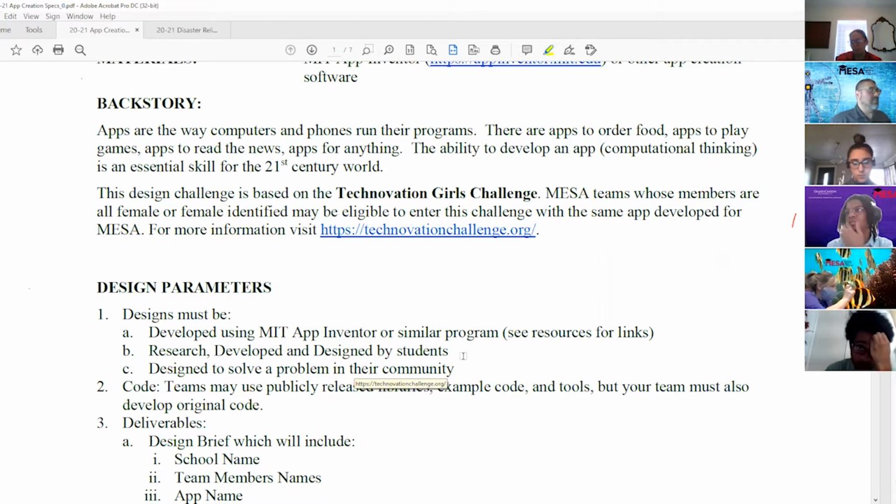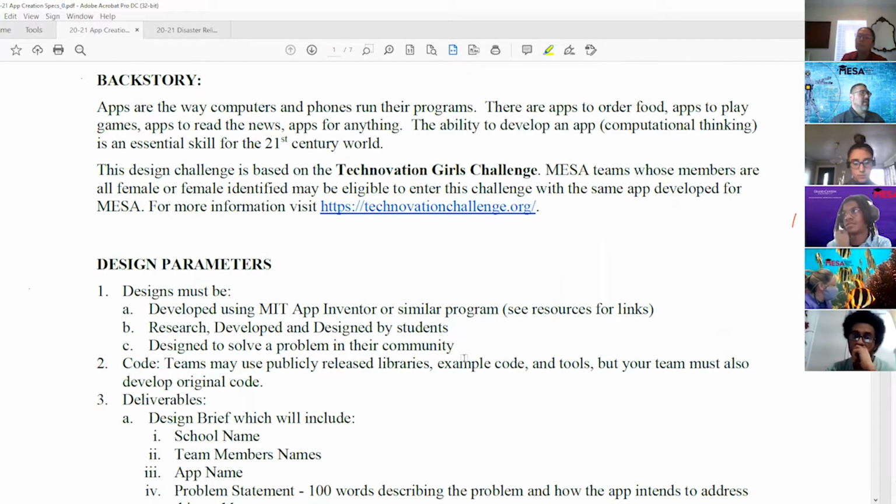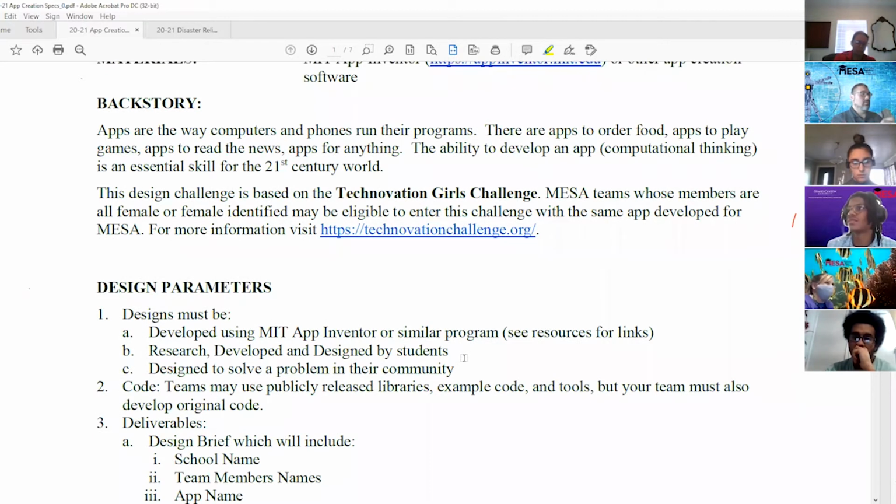So number 1, the design must be developed using MIT App Inventor or a similar program, right? MIT App Inventor is what Technovation encourages people to use, but we left it wide open for our MESA competition. So we know there may be things you're already using or familiar with, and we want you to use what you're comfortable with.